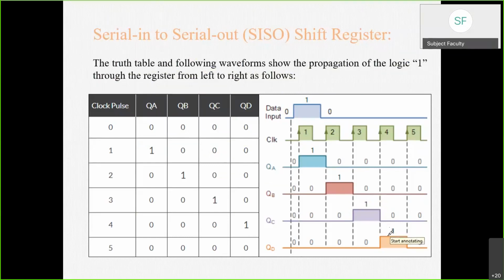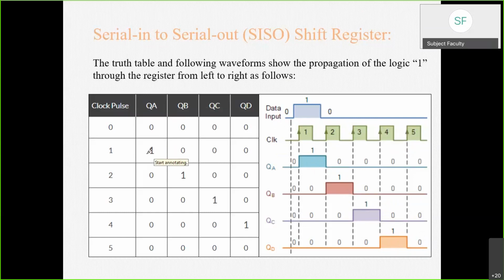Observe here. Since we are using positive edge trigger, the clock which we have applied will be positive edge. It means whatever changes happen in QA, QB, QC, QD, these changes will happen at the positive edge.